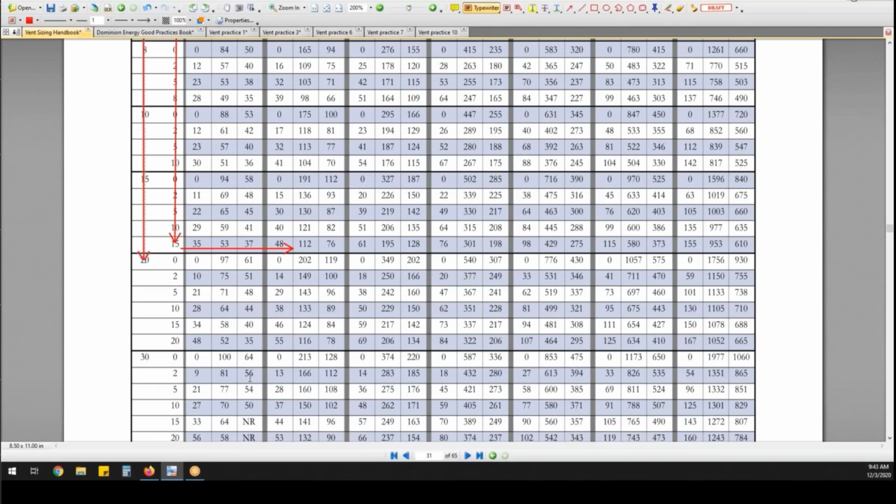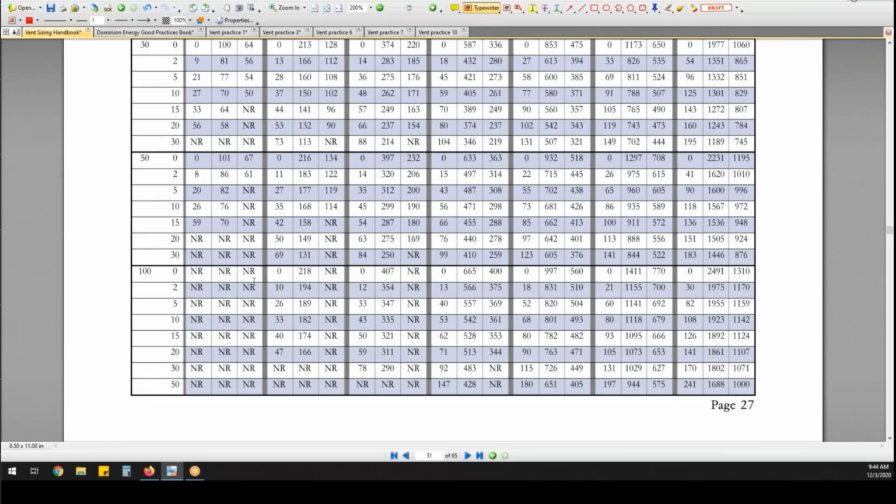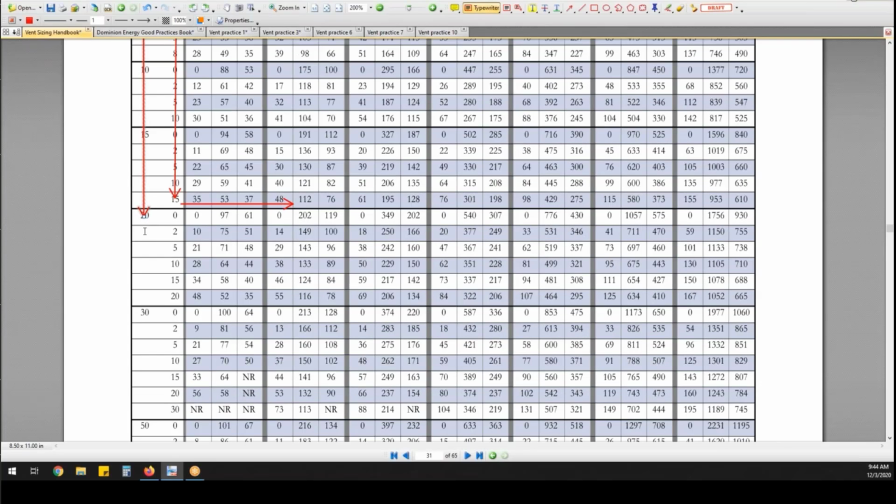Taller flues vent better until you start reaching a certain point. If I have a 22-foot total height, it's not listed on the chart, I go down to 20 because I know if a 20-foot will work, a 22-foot will certainly work because it's taller.